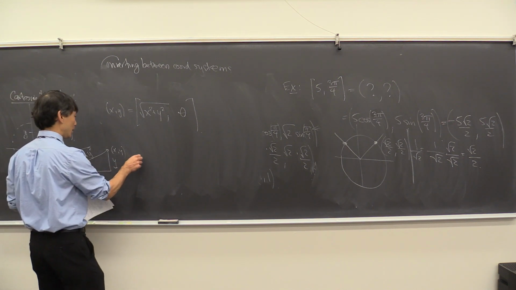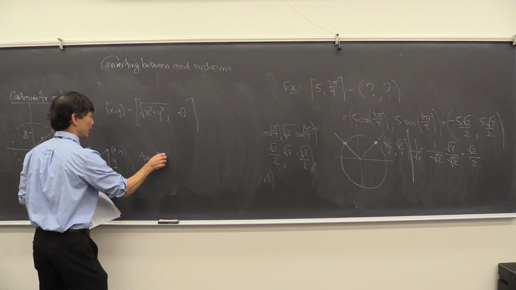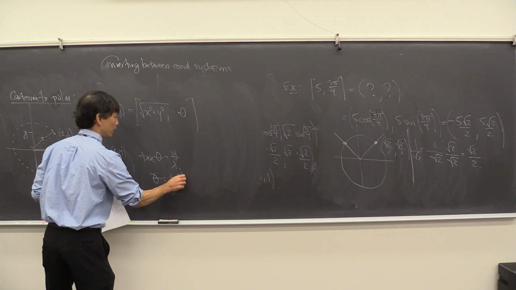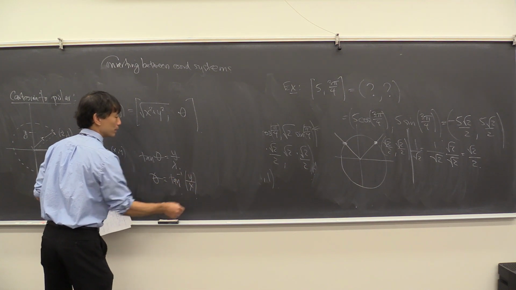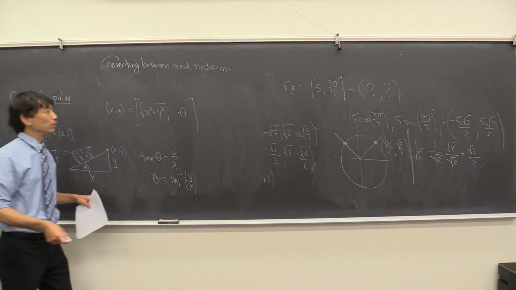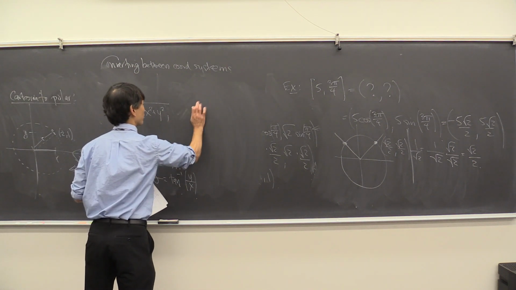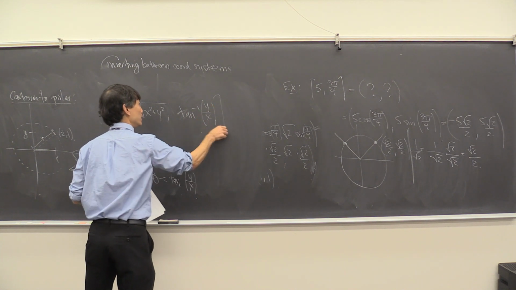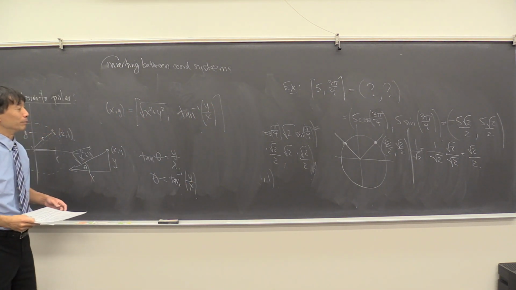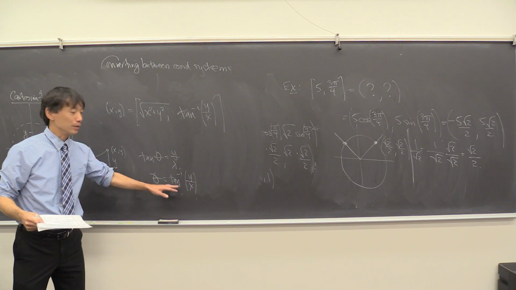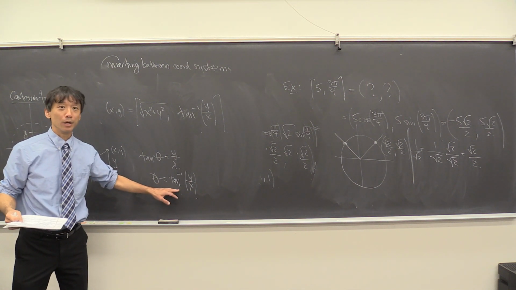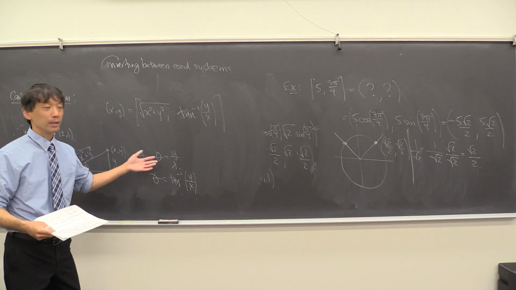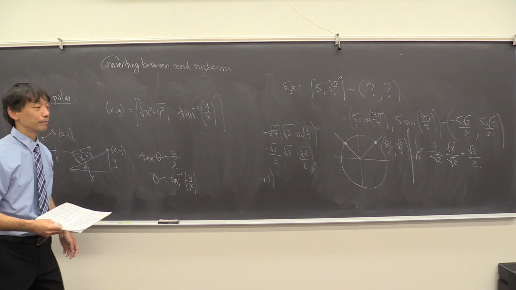You see from this picture that the tangent of the angle is y over x, so the angle is the inverse tangent of y over x. And I would be remiss if I didn't tell you that this is also called the arctangent. When we say inverse tangent, arctangent, arcsine, that just means the inverse function.